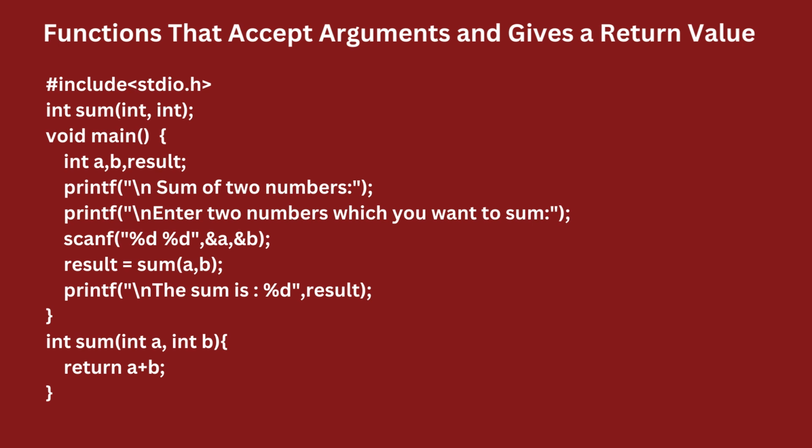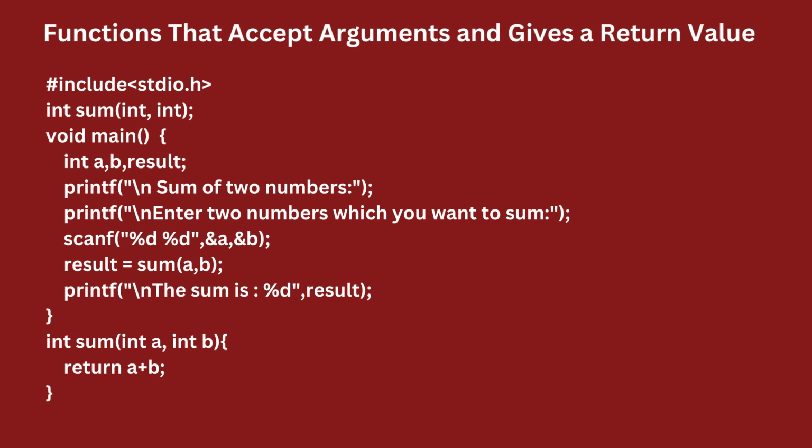The only change is here. In the declaration, we have the integer, because the addition of two integers will return an integer value, so we need to take that value or return that value as an integer.